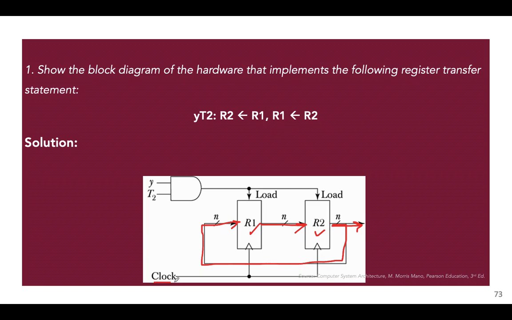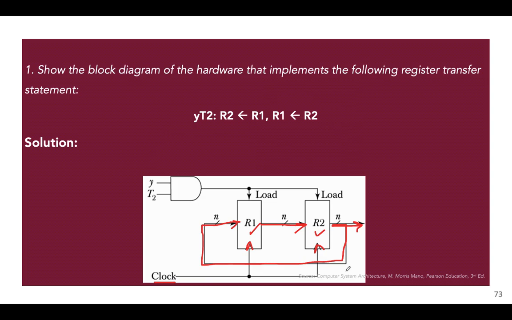We need a clock. As I told you, clock is a very important component, and whenever registers are being loaded with information, because in this case both registers are receiving, at one time R2 is the receiving register, and at one time R1 is the receiving register, they both need the clock. So the second thing you do is draw the clock.